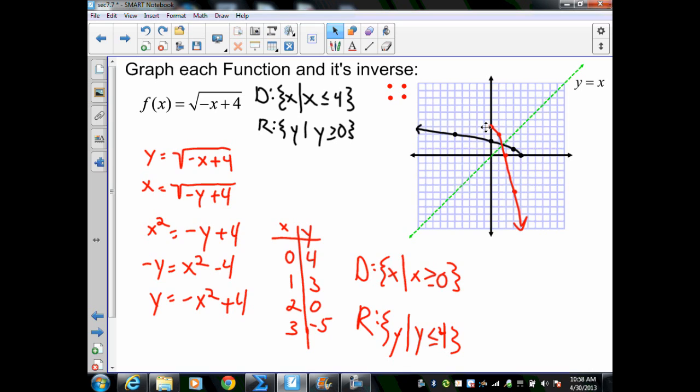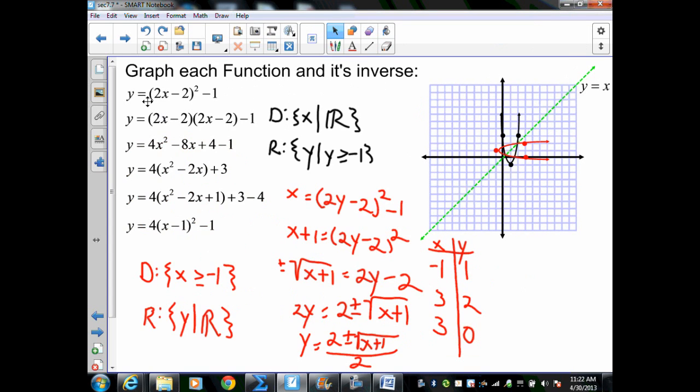I have 1, 3, 2, 0, and 3, negative 5, and have drawn that in. I now can determine that this is a function by the vertical line test. So this is a function. And I can see that it is reflected over my identity function y equals x.